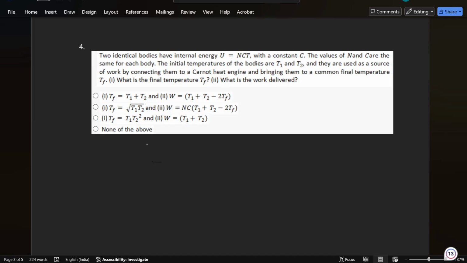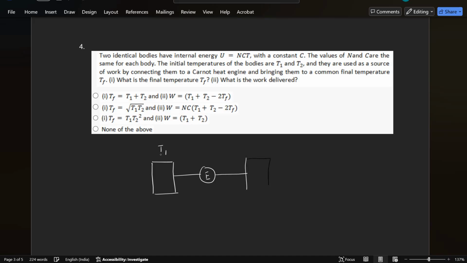So basically, we have two bodies like this. Let's say I'll call this T1, the higher temperature. And then we have a Carnot engine, I'll put it as E. And then they are connected by the engine.